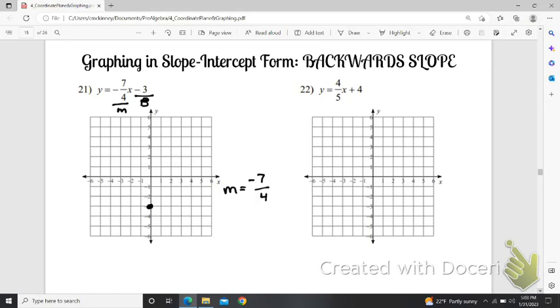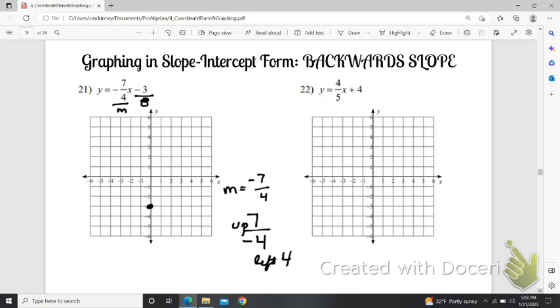So keep in mind that if it's a negative slope, the negative can be with the top or it can be with the bottom. And when a negative is with the bottom, that means that we're going to go left 4. So we're going to go up 7 instead.